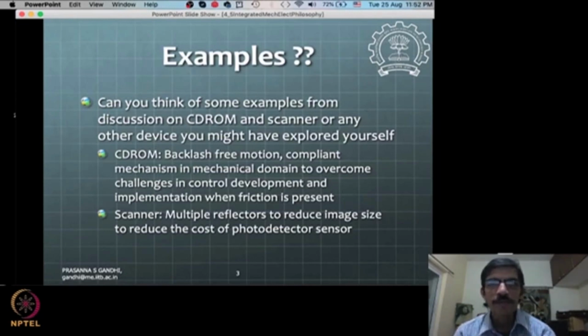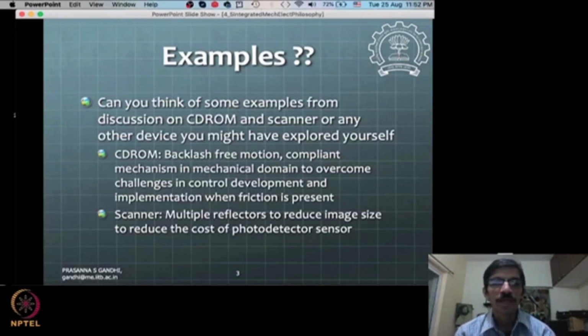the examples from the discussion on the CD-ROM drive and the scanner that we had already done in the class. In the CD-ROM you have a backlash-free or friction-free motion that is obtained by a compliant mechanism in the mechanical domain, so that you can ease control in the electronics domain.